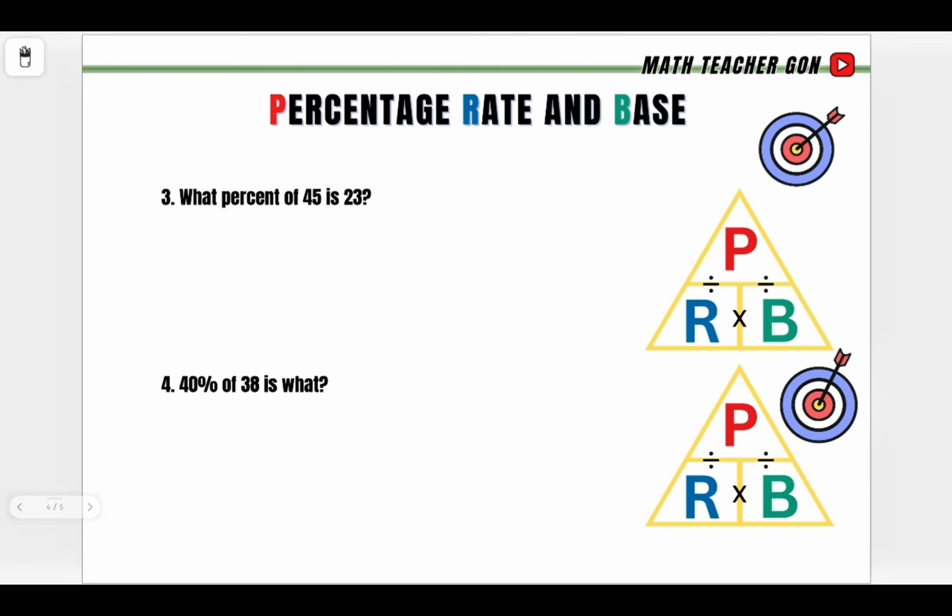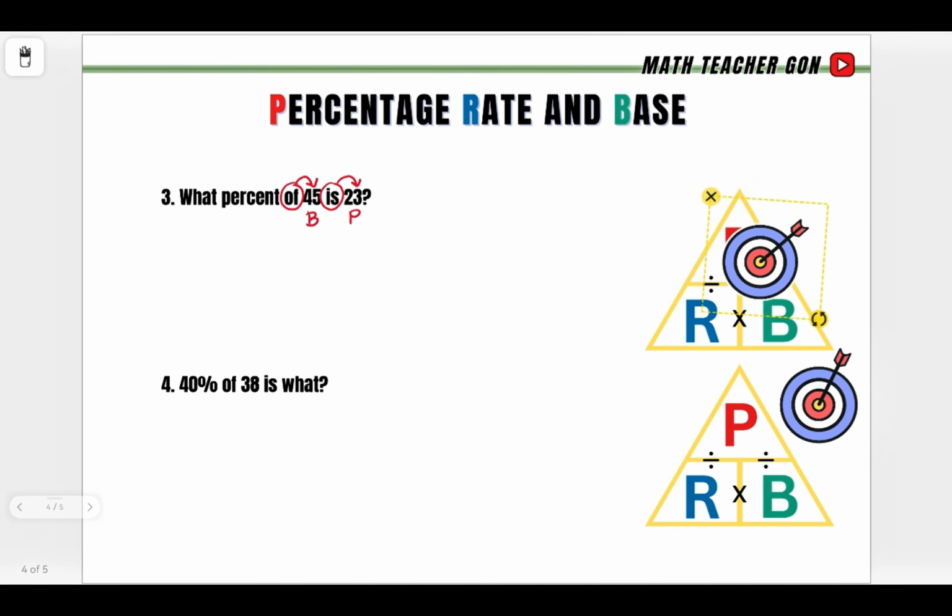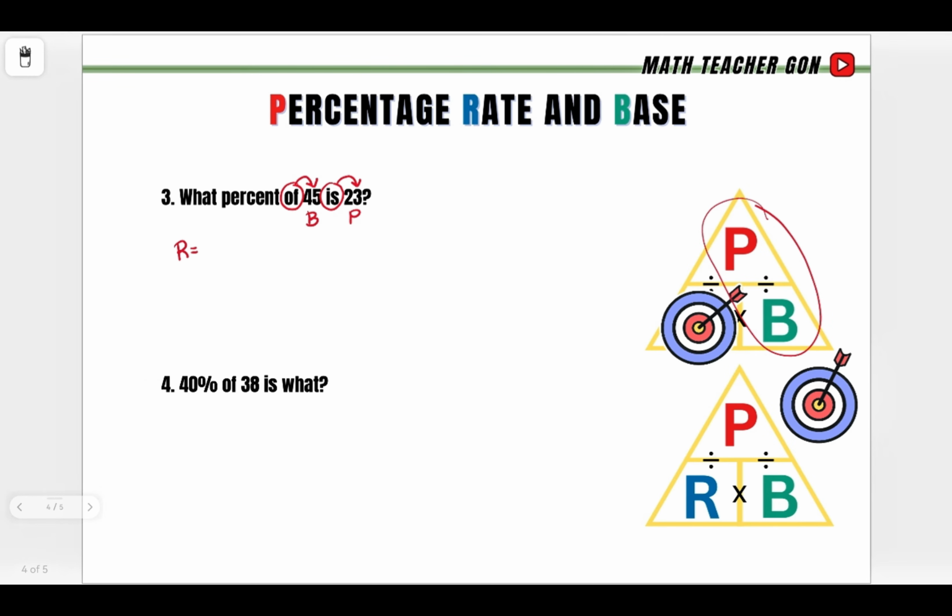What percent of 45 is 23? So here, the word of signifies your base. The word is signifies your percentage. So for number 3, we are looking for the rate. The formula for the rate is P divided by B. So let us put P, 23, divided by B, 45.